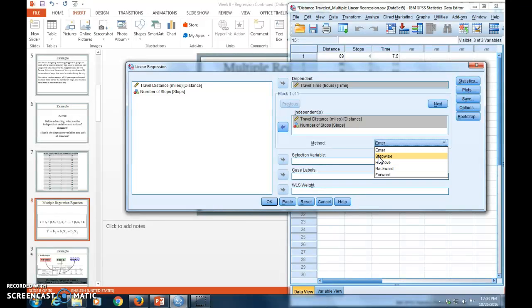Sometimes if you add in a variable, it's going to make the error too much, so it's not worth adding it in. So it's comparing those two. There's ways to compare the models within this method, but just for the purposes of this class, we're always going to use enter, so that's all of them going in.